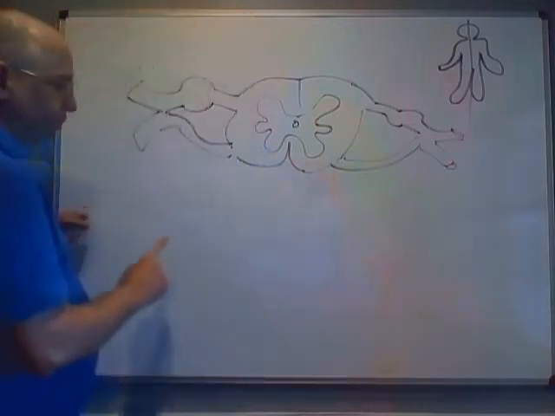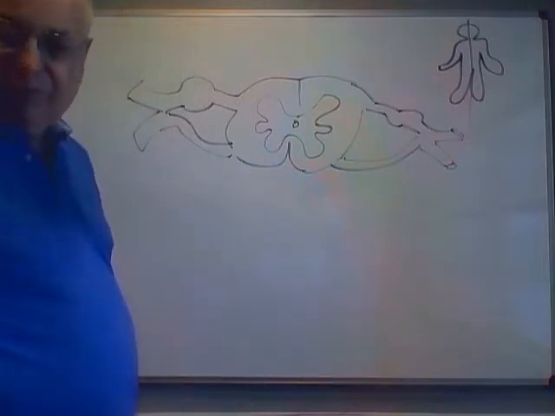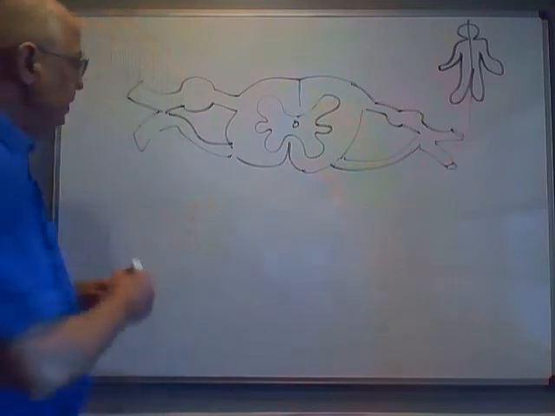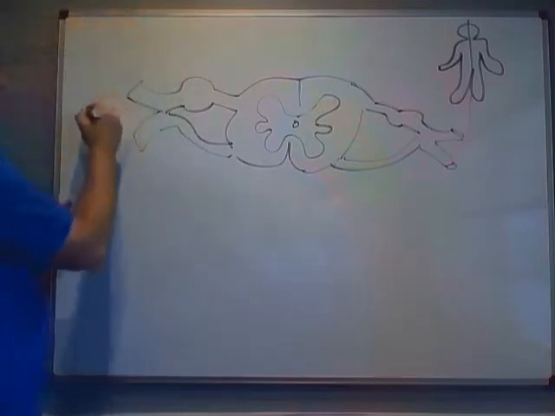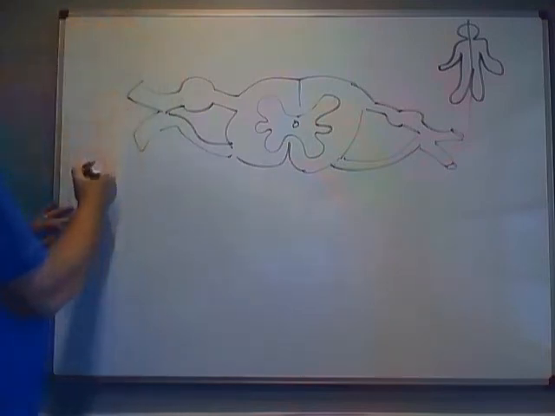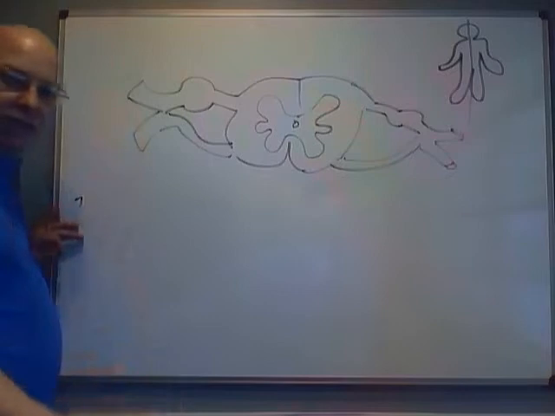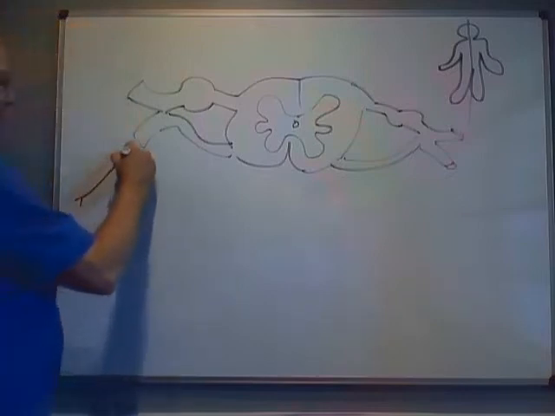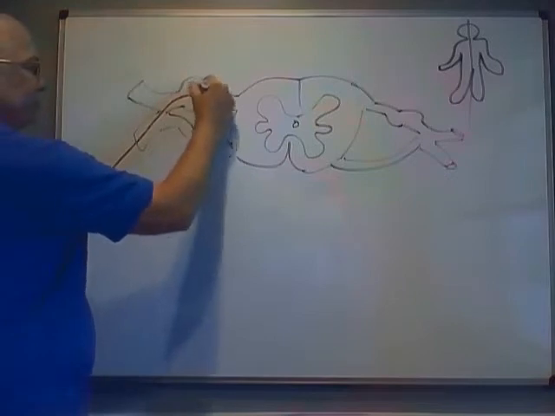But if we look at a reflex arc, a simple reflex arc would simply be this pathway, okay? And I hope you can see this diagram pretty well. Let's say I have a sensation. I touch a hot stove and I pull my hand away. Well, we're going to have a neuron come in that's going to be a sensory neuron.